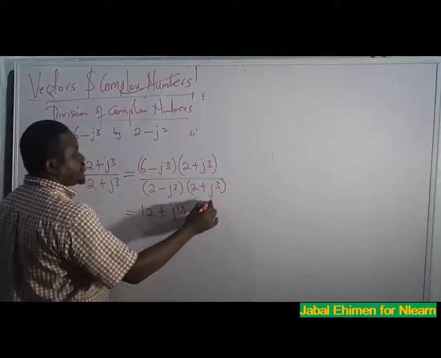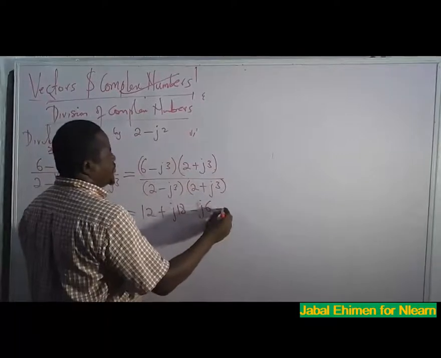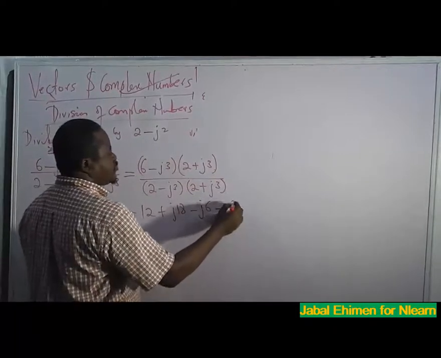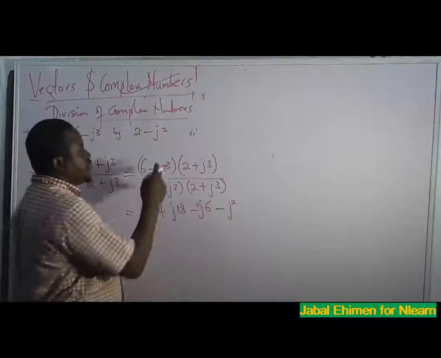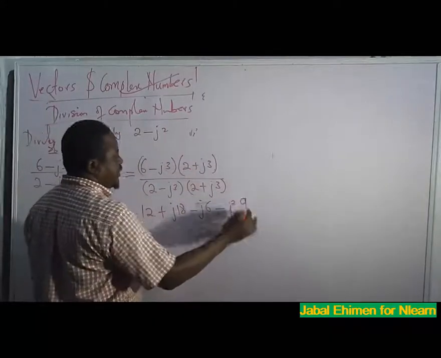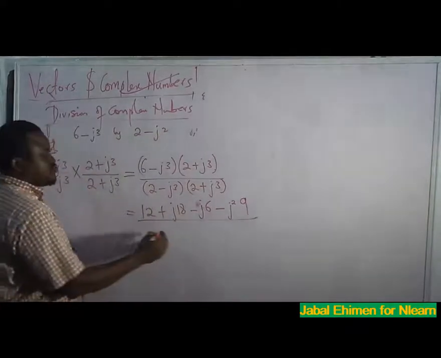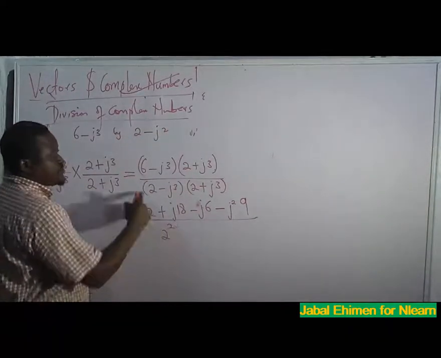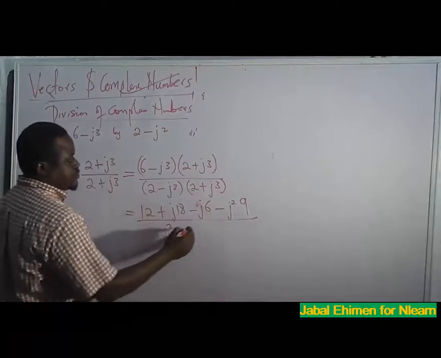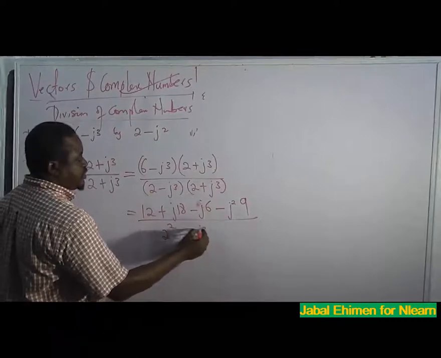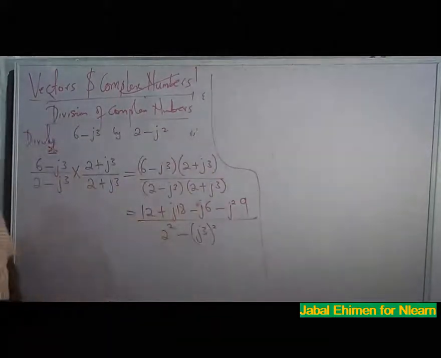Minus j3 times j3 becomes minus j squared, and 3 times 3 is 9. Divided by 2 squared minus j3 squared, because the bottom is a conjugate.